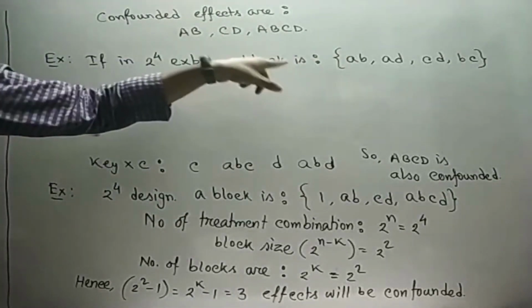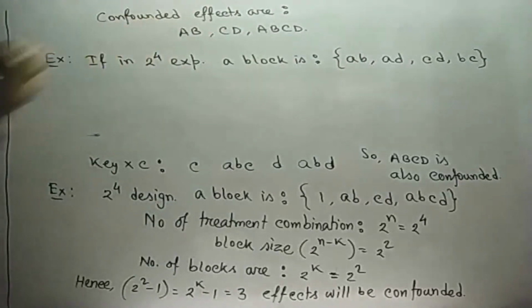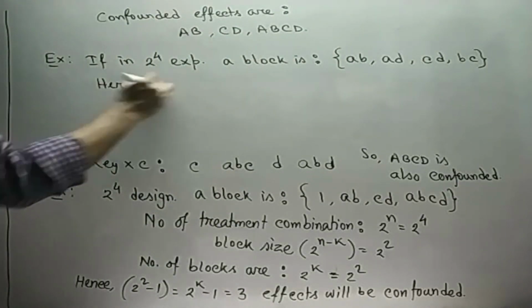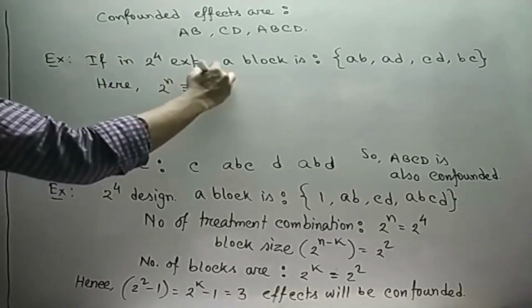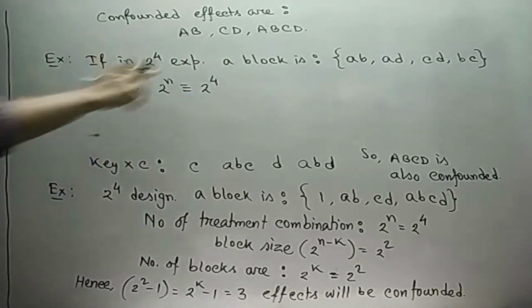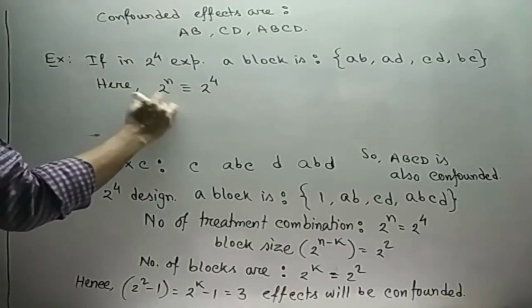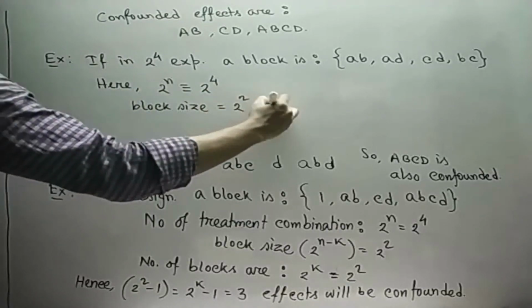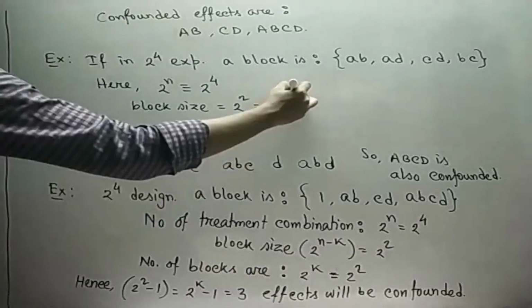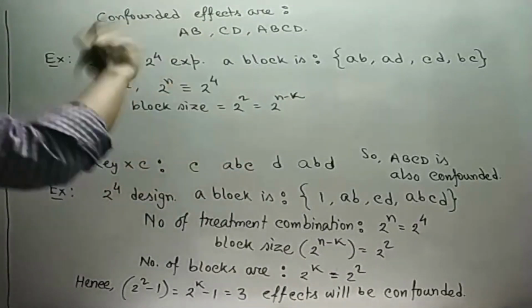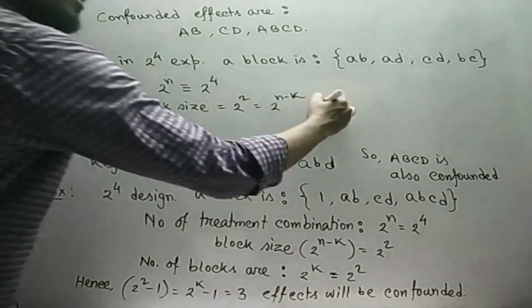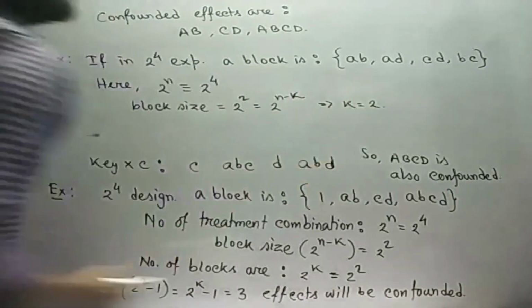Now how can we construct the key block from this block? Here 2 to the power n is equivalent to 2 to the power 4. You can see that the block size, meaning the number of members in the block, is 2 square, which is 2 to the power n minus k. So k is basically 2.